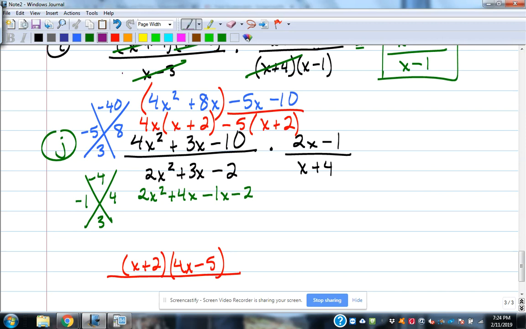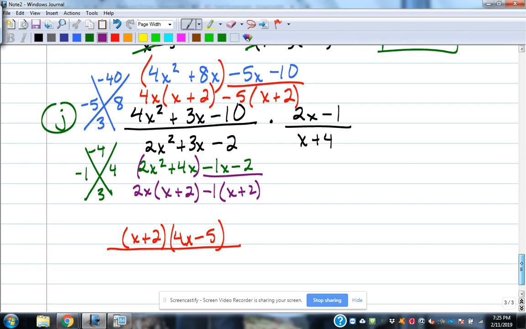Technically, it doesn't matter what order I put that in. I chose that order. Group. 2x squared and 4x have 2x in common. Leaves x plus 2. Those two have what in common? Negative 1. Leaves x plus 2. So the factored form of the denominator is x plus 2 and 2x minus 1.